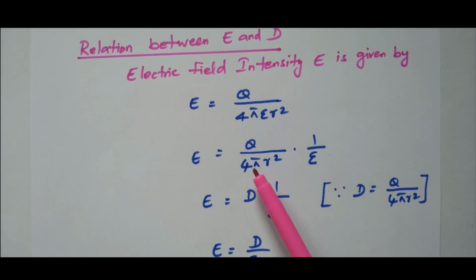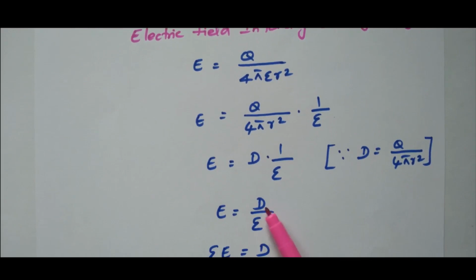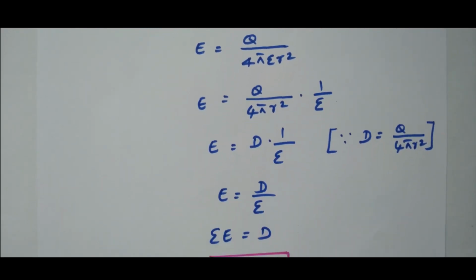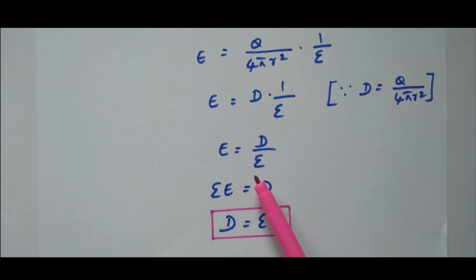We know that q divided by 4 pi r square is nothing but displacement density, so we can replace this by D. So E equal to D divided by epsilon, right? We cross multiply this so that epsilon E equal to D, that can be written as D equal to epsilon E. The relation between D and E is given as D equal to epsilon into E.